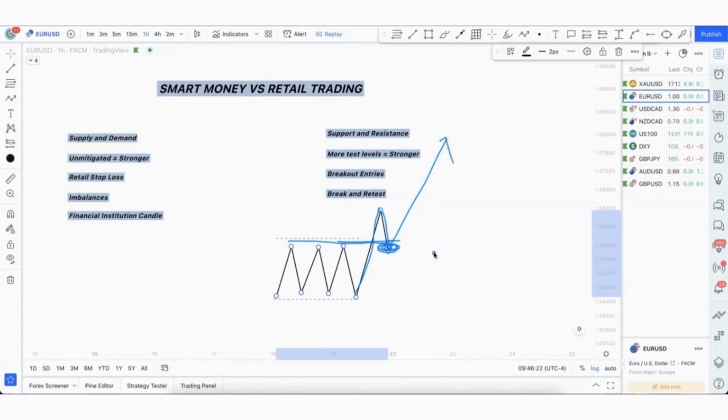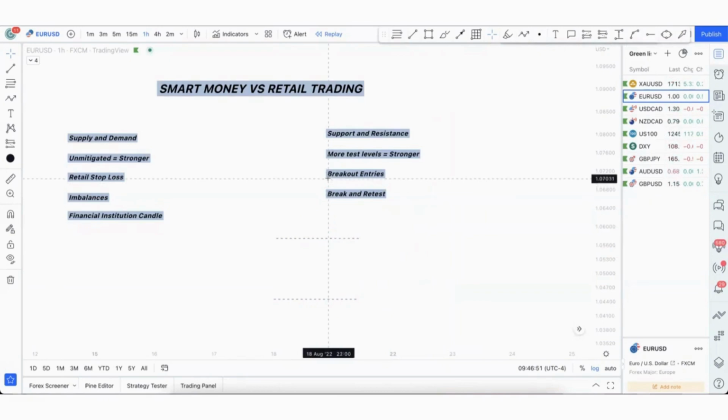While we know from our previous videos that there's a lot of liquidity above this level and below this level, that price could go first here and then make another move to the upside or to the downside. So that's how retail trading works, or how they trade the markets.